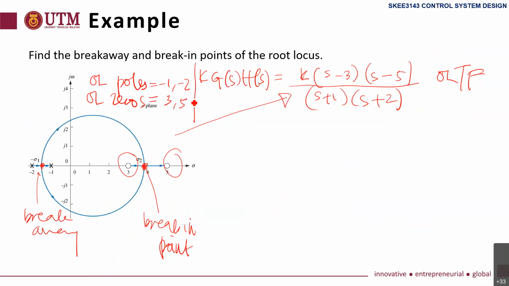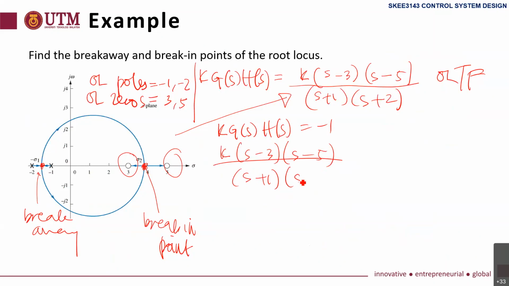So we can use the formula K G(s)H(s) equal to minus 1. Therefore, K (S minus 3)(S minus 5) over (S plus 1)(S plus 2) equals minus 1. And K we bring to the right.